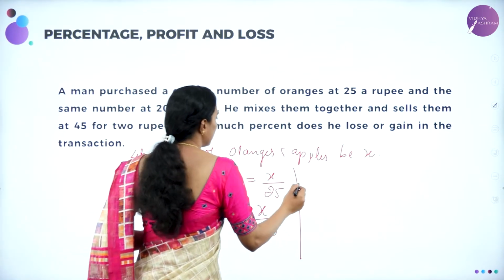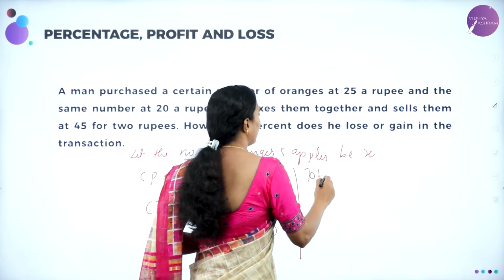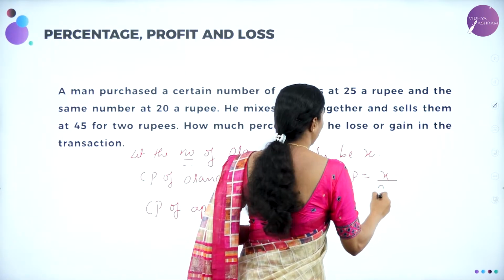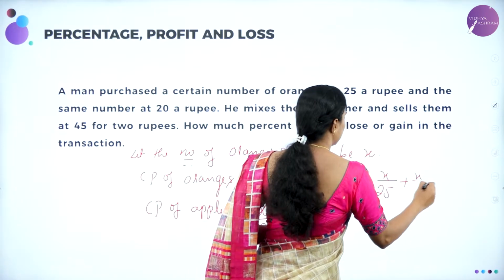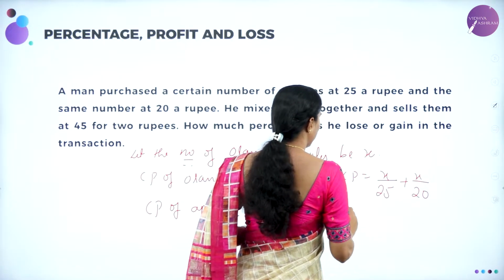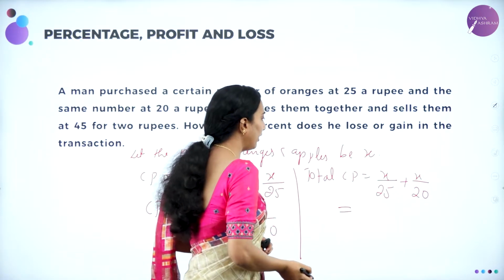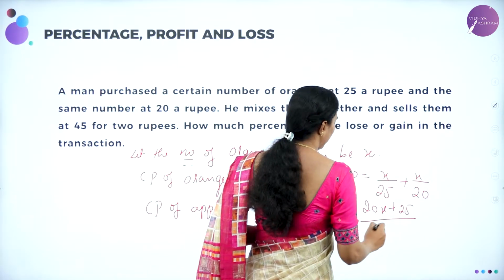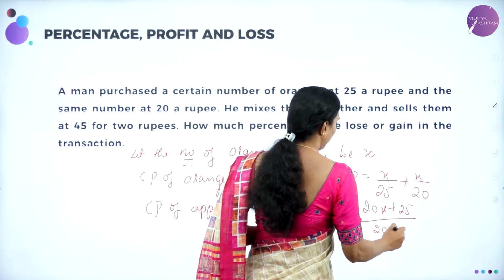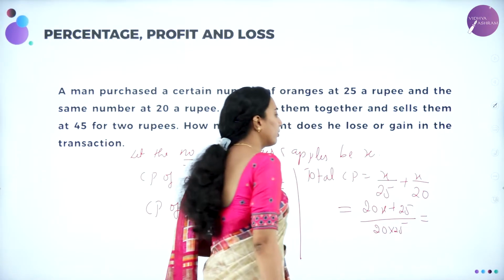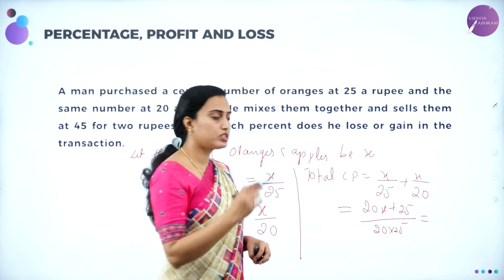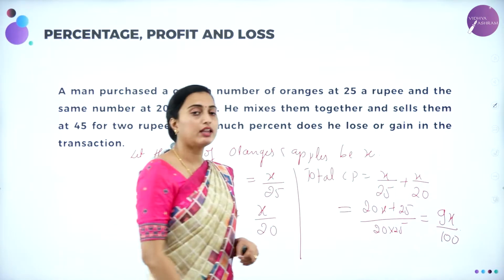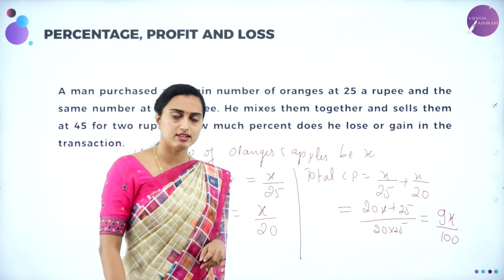So total CP will be equal to X by 25 plus X divided by 20, which will be equal to 20X plus 25X divided by 20 into 25. So the answer you are going to get for this is 9X divided by 100 after calculation and cancellation also.